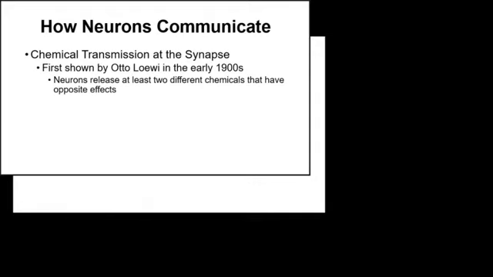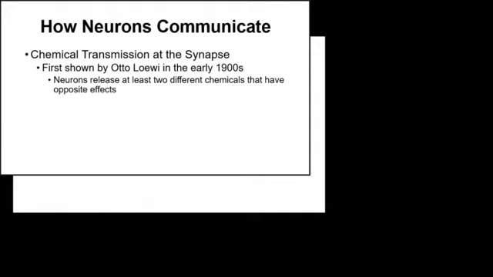So he took the saline from the heart that he had manipulated, and he used it to bathe the other heart, the one that he had never touched the vagus nerve on. And what he found was that the heart rate of the second heart slowed down, just as he had predicted. He also wanted to see if it works in the other direction. If I take a first heart and I get it to beat faster, will the second heart also beat faster?